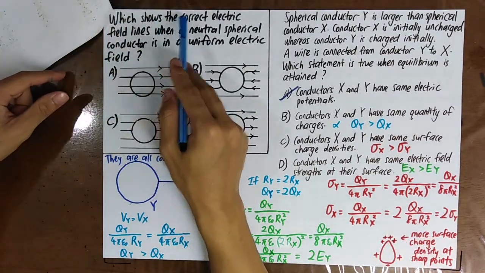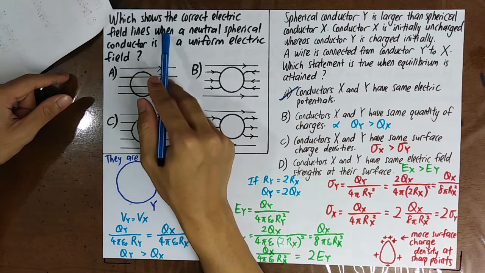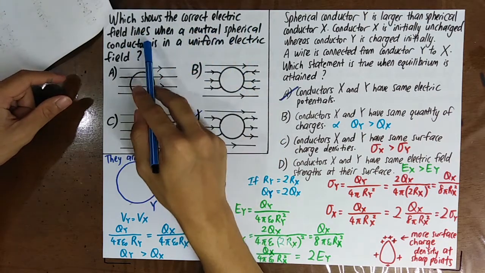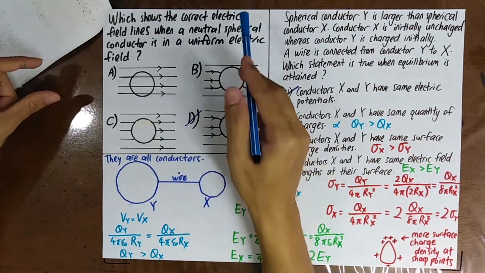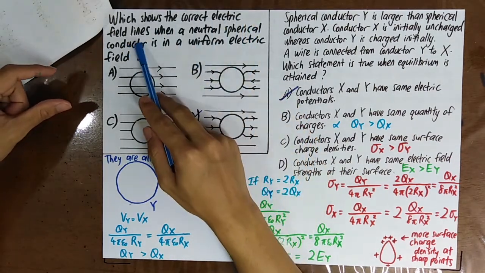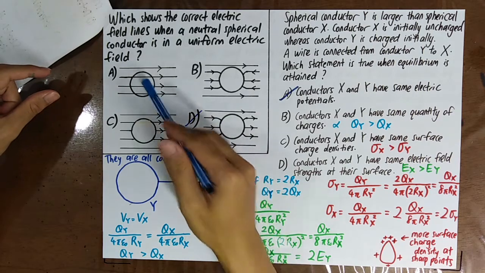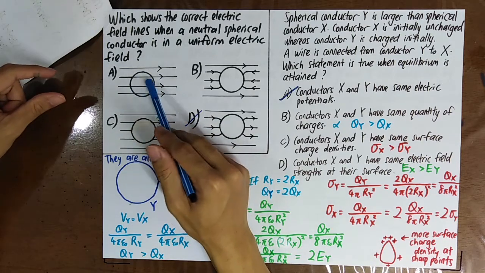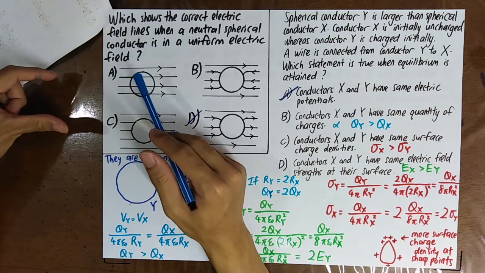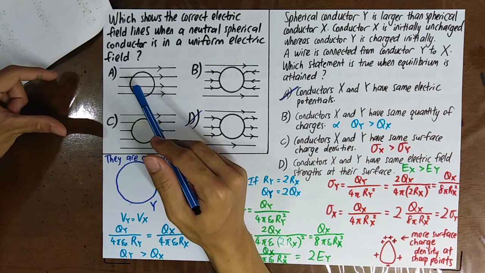Which shows the correct electric field lines when a neutral spherical conductor is in a uniform electric field? First, you need to remember that inside a conductor, do we even have an electric field? No, we cannot have an electric field inside the conductor because the conductor is an equipotential body.